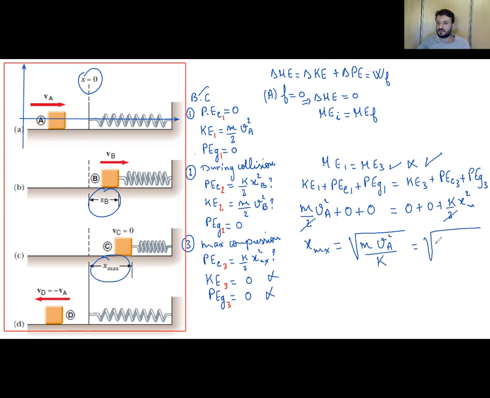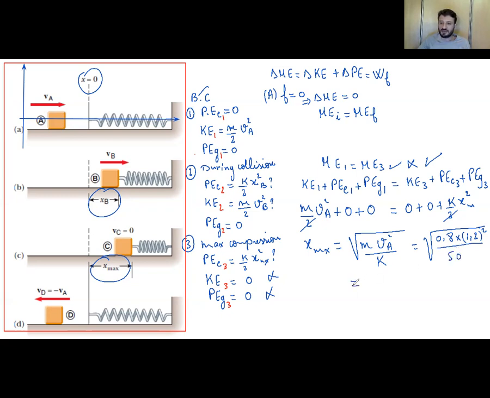Here we have m equals 0.8 times VA equals 1.2, divided by K equals 250.